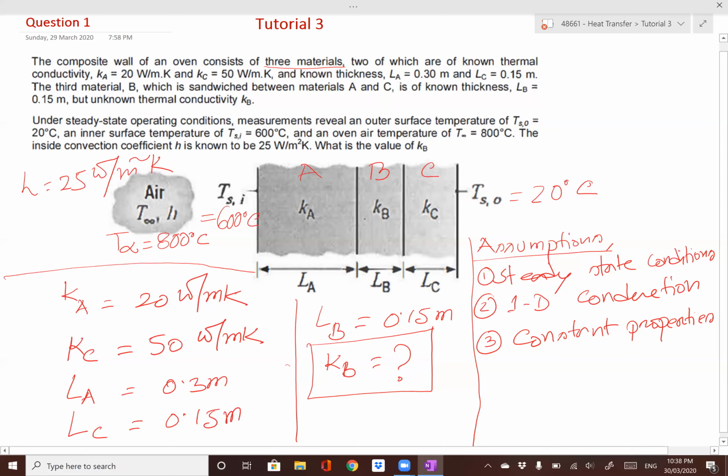Also, we will ignore the contact resistance between the materials. The contact resistance is negligible.